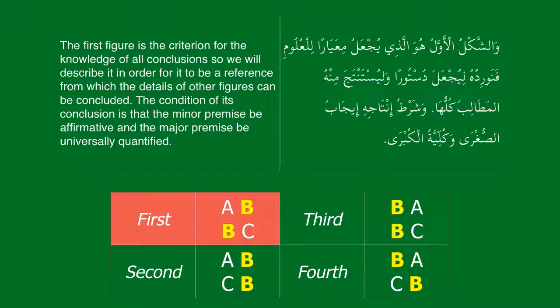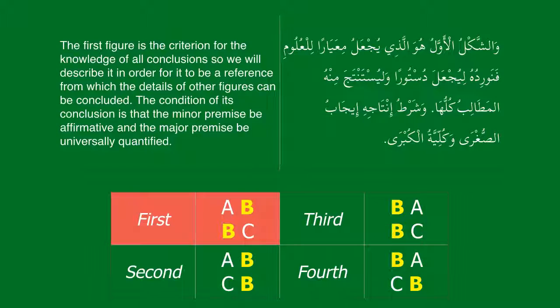After giving a rule of thumb to identify the concluding modes of the second figure of the categorical syllogism, Athiruddin al-Abhari tells us in detail the concluding modes of the first figure. Why focus on the first figure? He says the first figure is the criterion for the knowledge of all conclusions.